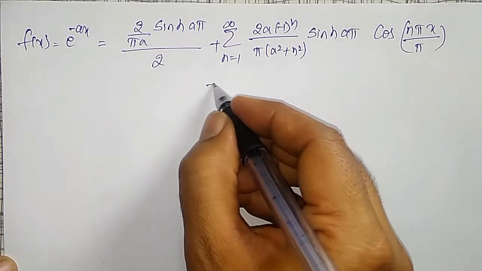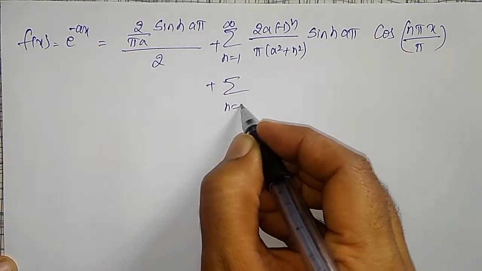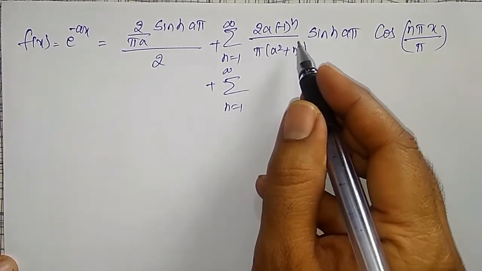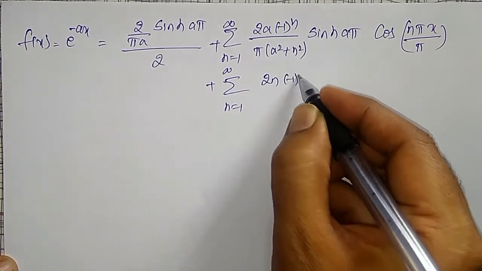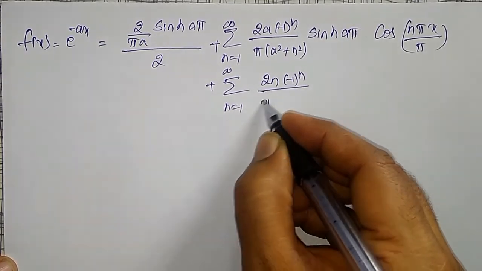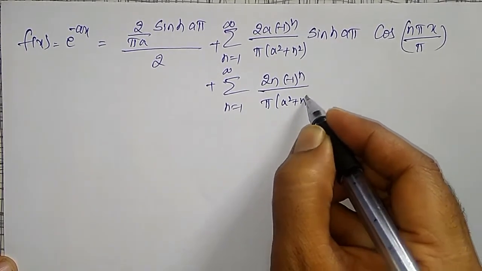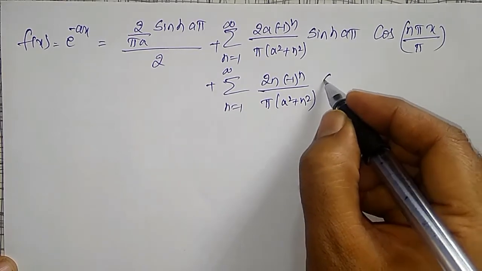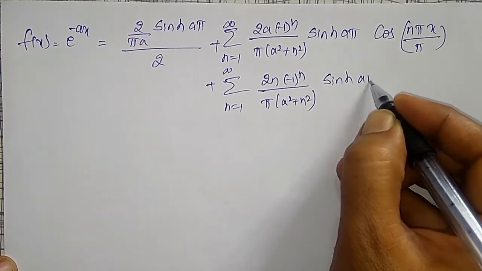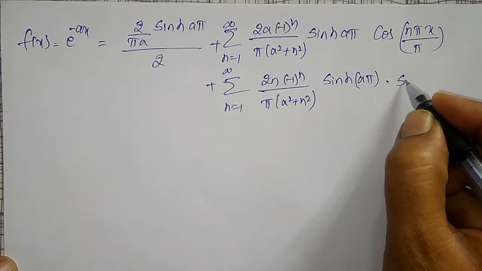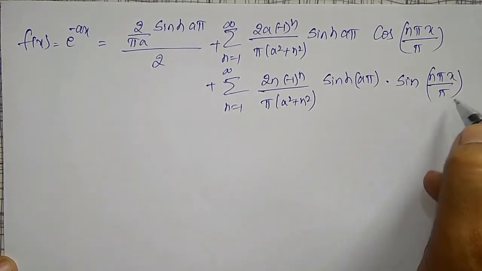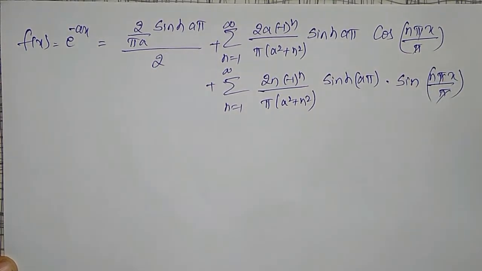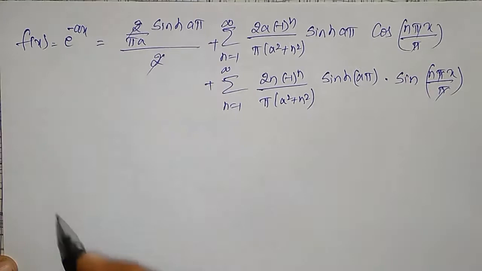This is one term, plus summation n equal to 1 to infinity bn. My bn value is 2n (-1)^n divided by pi into (a square plus n square) into again sine hyperbolic a pi into sine n pi x divided by pi. Pi cancels. Now from all the terms you can observe here that 2 cancels.